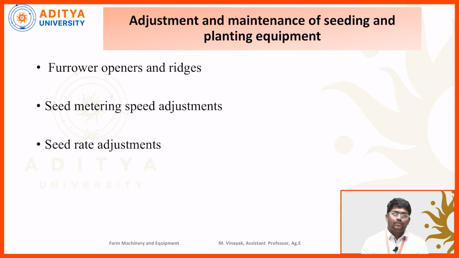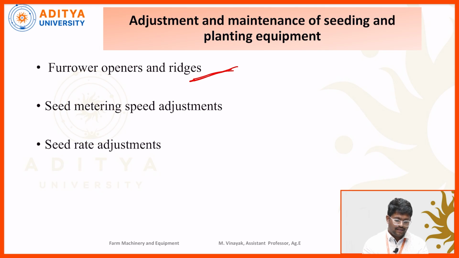Here are some adjustments regarding the seeding and planting equipment. First, the furrow opener and ridges. If the furrow openers do not maintain the depth of opening the soil, in that situation we need to adjust the furrow opener condition. Based on the soil condition, we need to select the furrow openers also.